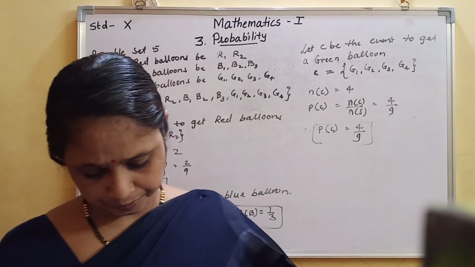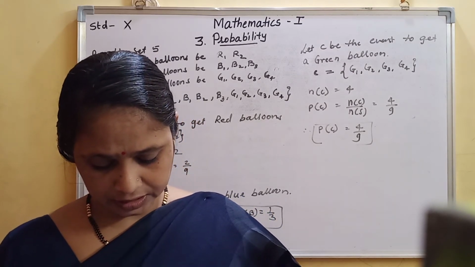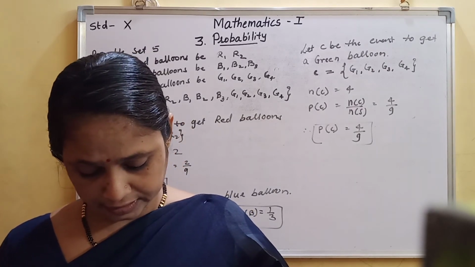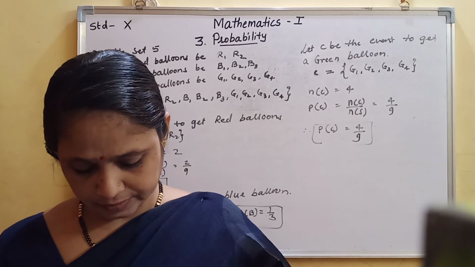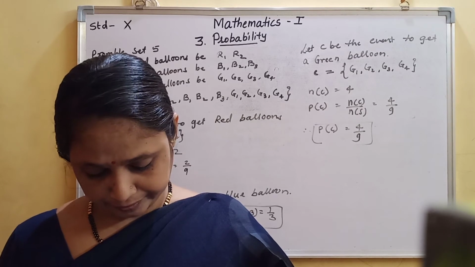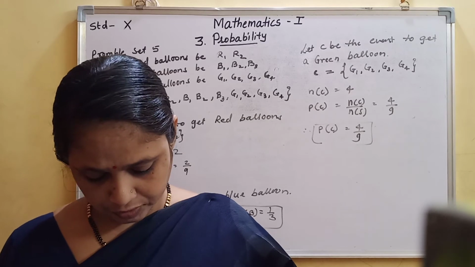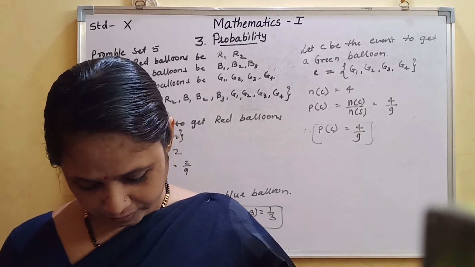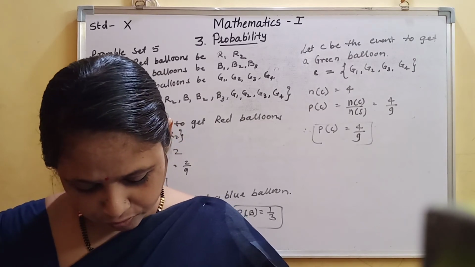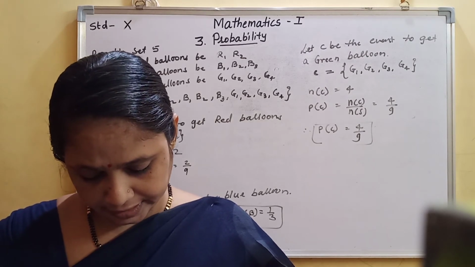Okay. Now your sixth question. Sixth question is also the same, but in this a box contains 5 red, 8 blue and 3 green pens.